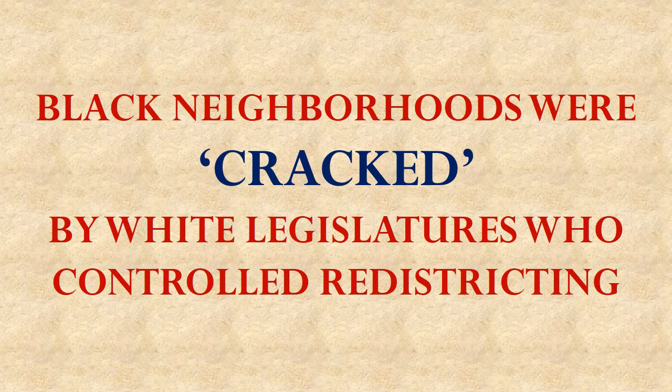So by putting a few of the black voters in a district with lots of white voters and a few other of the black voters in a district with lots of white voters, etc., there was never enough black voters altogether to actually elect a black member of Congress. Instead, everybody from every district would be white. At least that was the idea that the state legislatures had at the time in order to stop black voters from being represented in Congress.